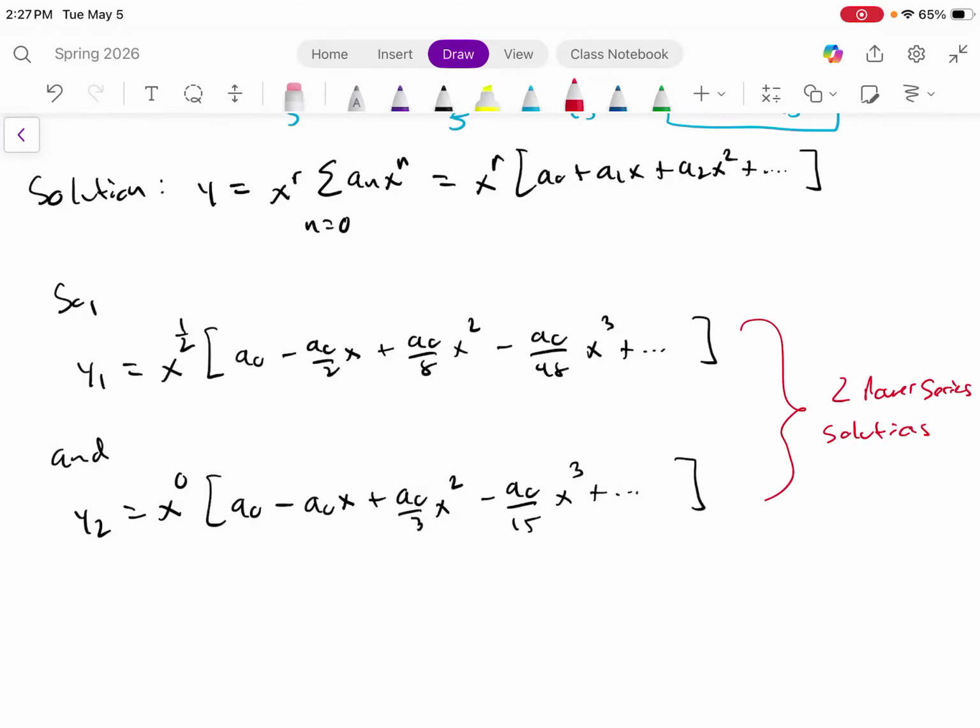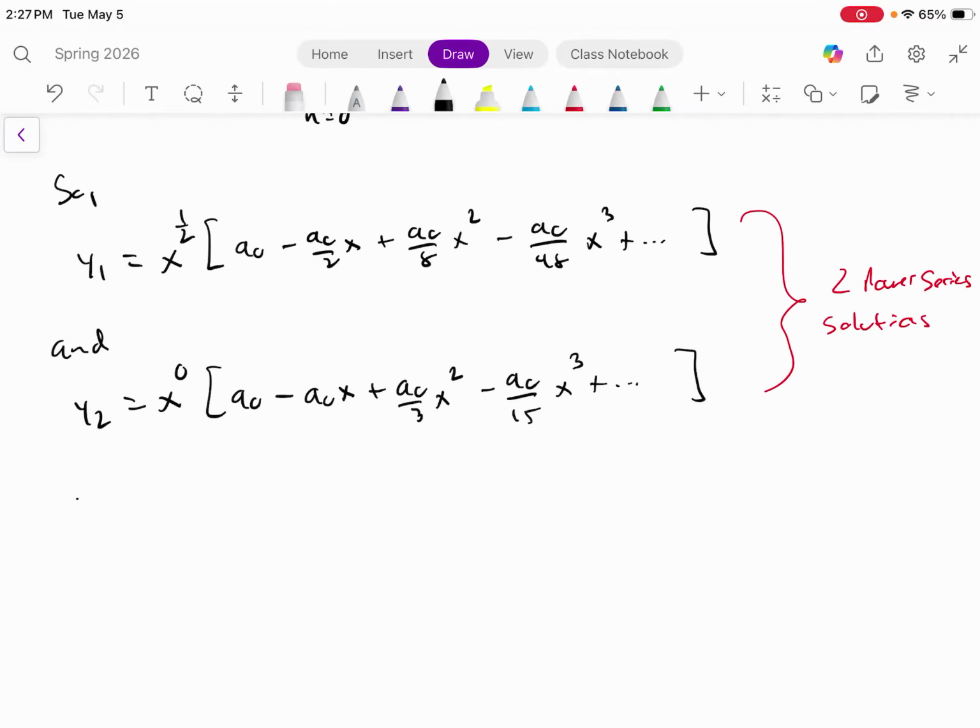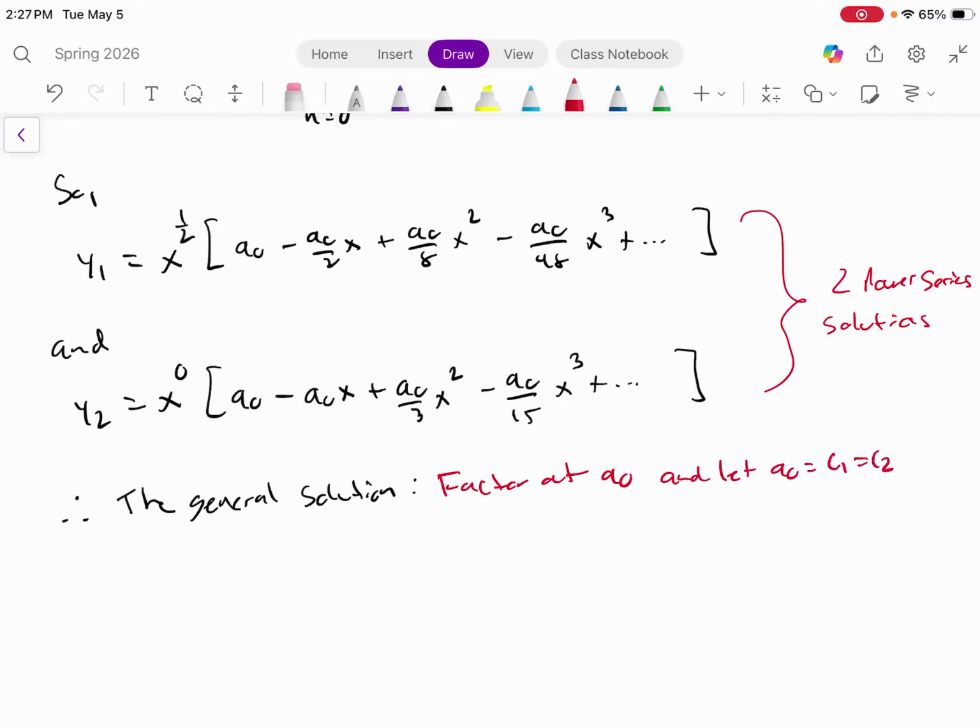All right, but if we write this as a general solution, we could clean this up a bit. They all have a naught in common. So what we can do is factor a naught out of both of them, and let that a naught equal C1 and C2.